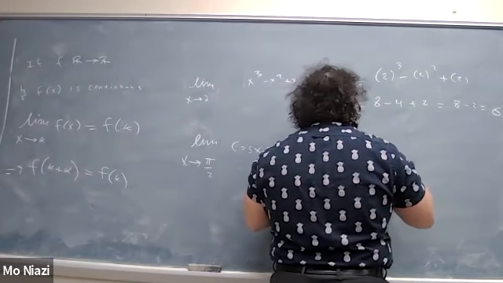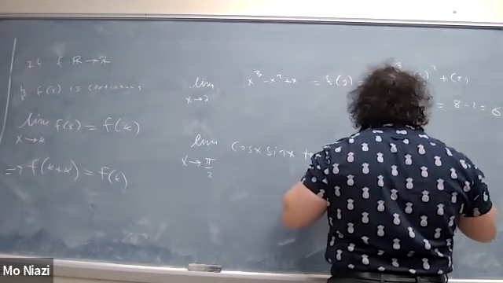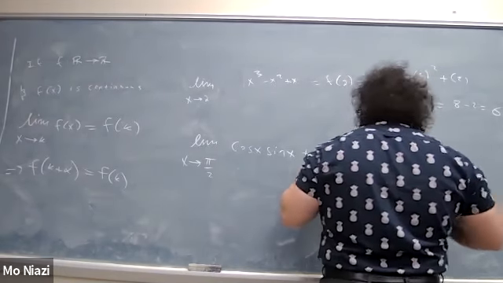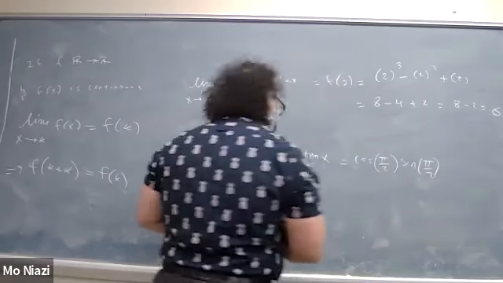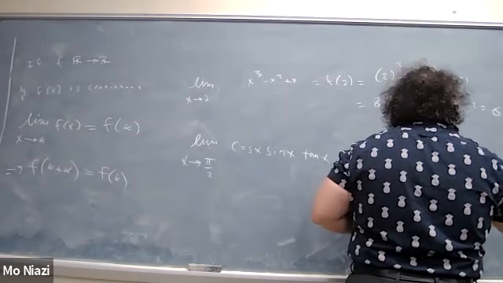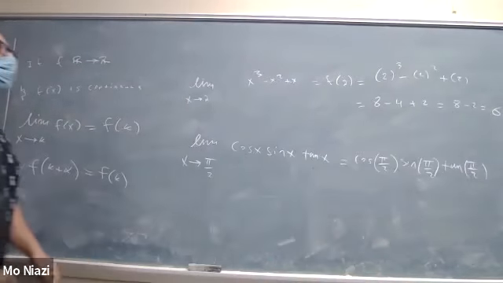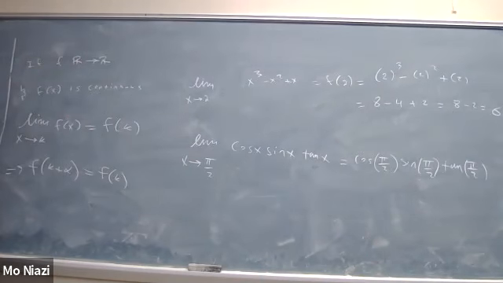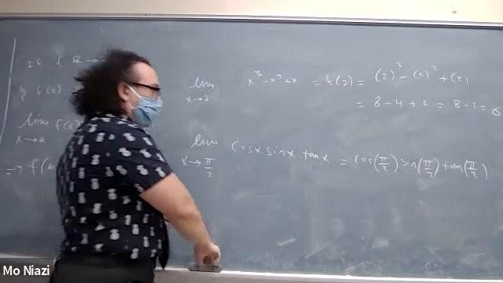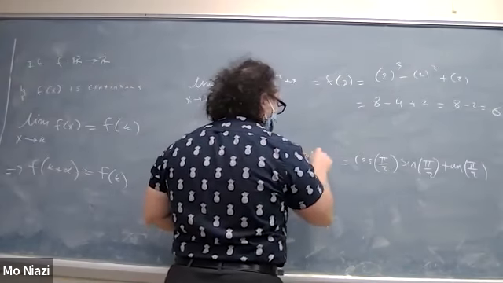It becomes cosine of pi over 2, sine of pi over 2, and I'm going to avoid tangent. Actually, let's switch this to cotangent.